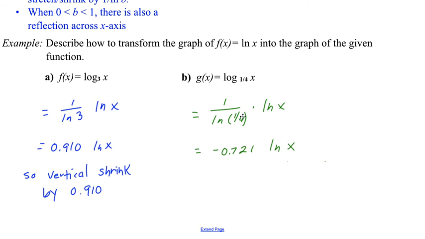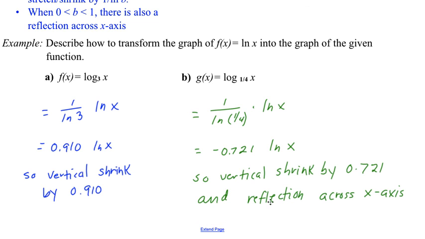Whenever you have this fractional value, you'll get a negative for your constant. And that represents that reflection that we talked about across the x-axis. So it's also a vertical shrink by a factor of 0.721 and a reflection across the x-axis.